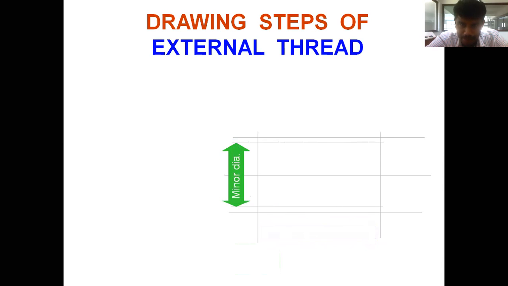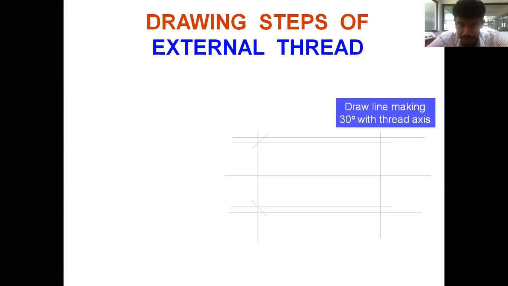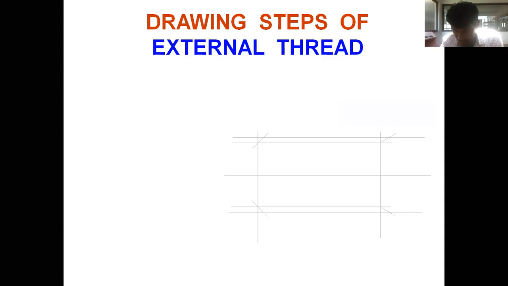So the minor diameter you have to specify. Draw 45 degree chamfering on both sides. Follow these steps very clearly so that it is helpful for drawing the assemblies. Draw a line making 30 degrees with the thread axis. Thread axis and all these things.